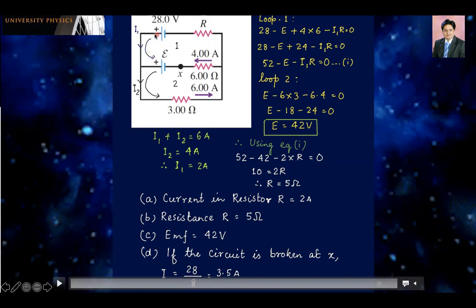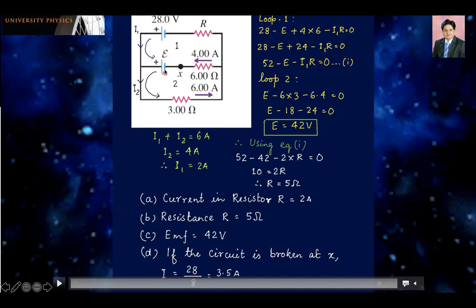So we start from here. So we start from the negative. So negative to positive, so there is a step up. So that's positive 28. And then this current I1 is flowing. Now, as you reach here, you are moving from positive to negative. So there is a drop. So this is going to be negative E.